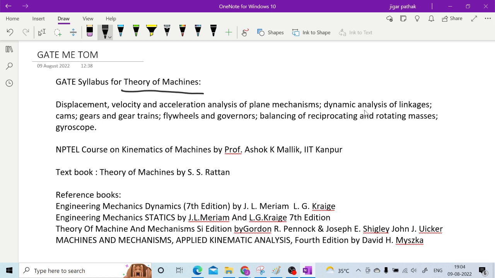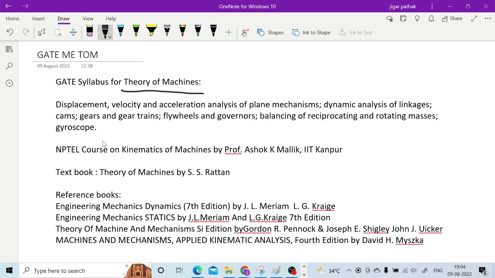Similarly, dynamic analysis of linkages, then cams, gears and gear trains, flywheels and governors, and balancing of reciprocating and rotating masses and gyroscope. Some of the portion you must have studied under kinematics of machines, some under dynamics of machines. We will see what is kinematics and what is dynamics, right?